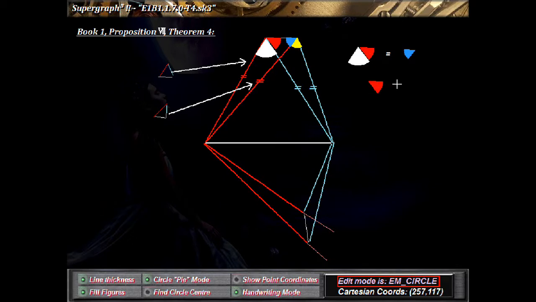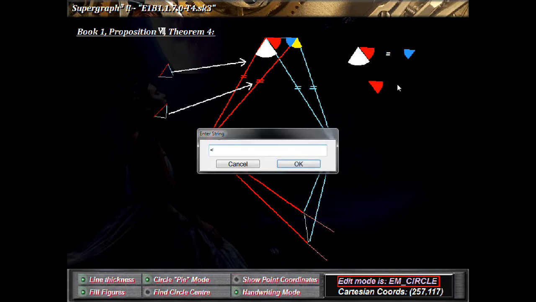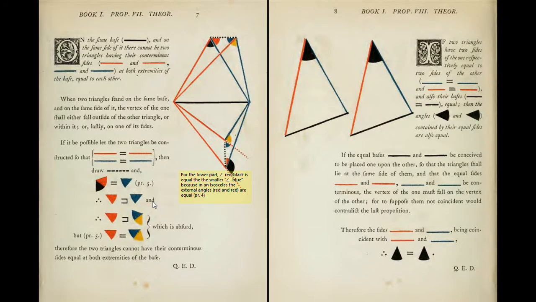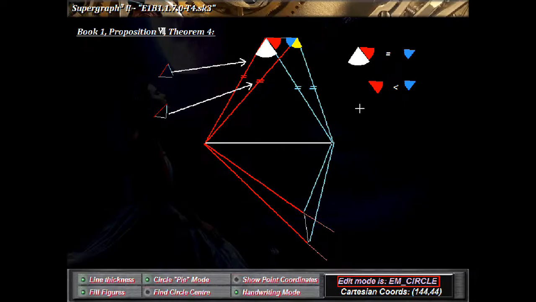So red, and I'll use the modern symbol for less than, blue, right? Because it's only part of blue. Alright, that's what they've got here. So therefore, adding something, and there is another axiom, unequals added to unequal. No, I don't know about this one.